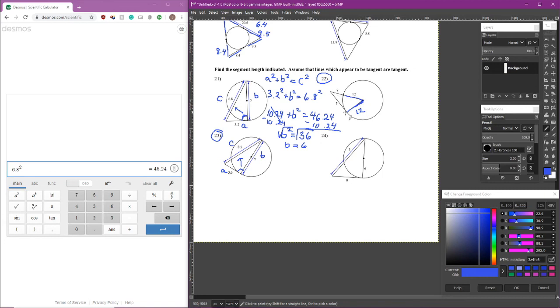Now I need to know where my hypotenuse is. So let's draw our right angle. There's our tangent. There's where our diameter would be. And it points up here. This is C. I'm going to label it as C, but this piece is 8, this piece is 12. We need to know what they are all together, so we add them.